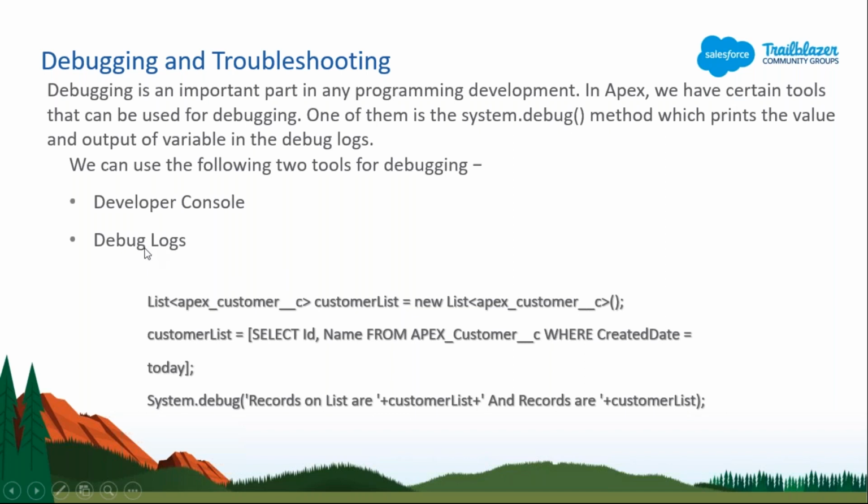We can create a debug log for a particular user, and there is some access we should give to the user who should be able to see the debug log. There is a checkbox available in the profile that should be enabled for this debugging and troubleshooting.